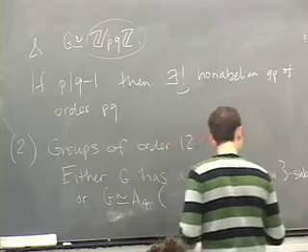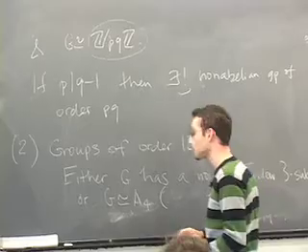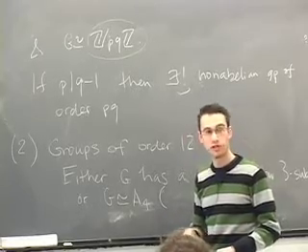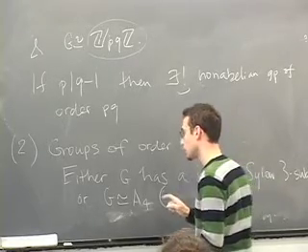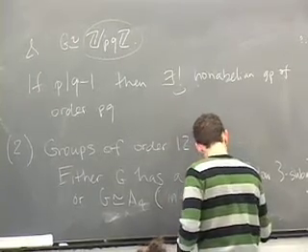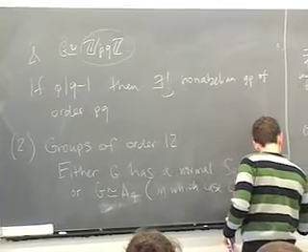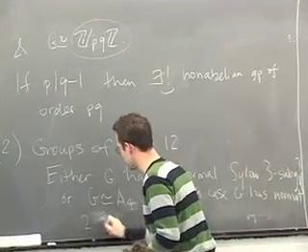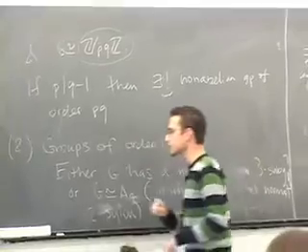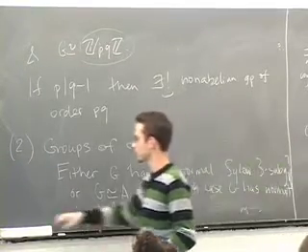So this is good. You're guaranteed, in cases where your group has order 12, at least some normal Sylow subgroup. So this is good. The theme here so far is that we get these normal subgroups.